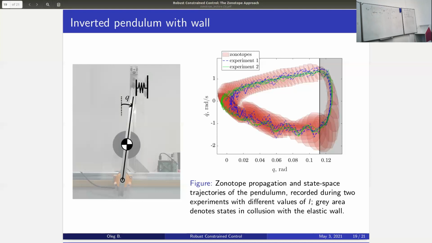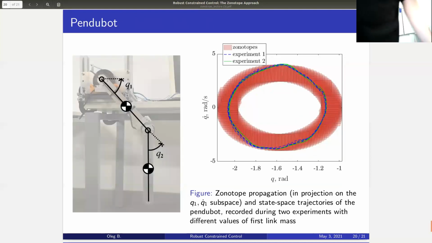Here it's a quadratic cost. How we design this: I said that the mass of the payload can change between some parameters, and there exists some additional disturbance that can be designed by hand.